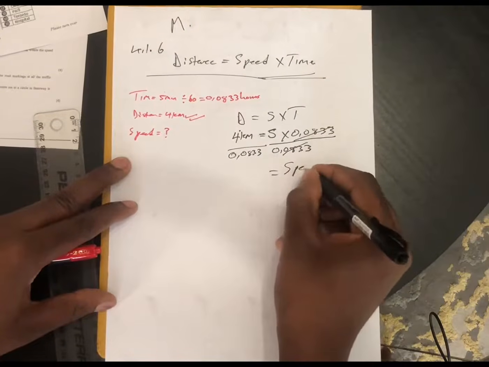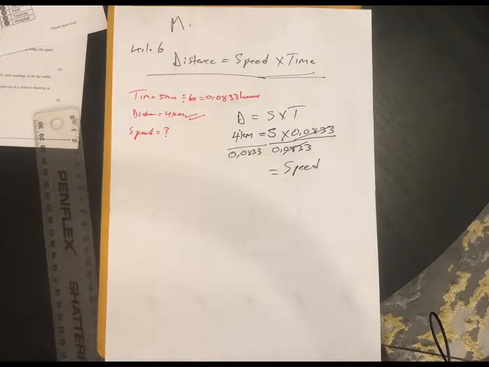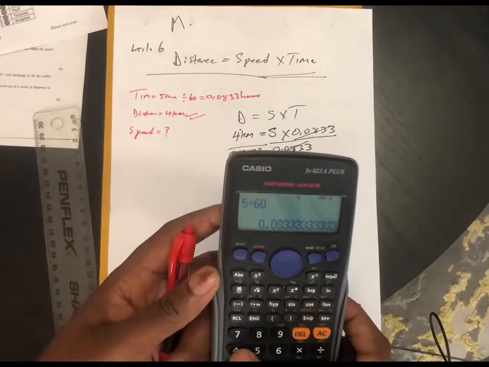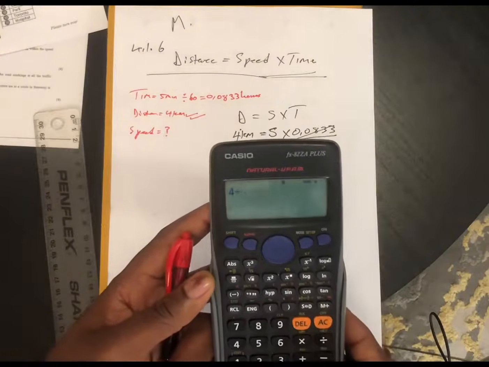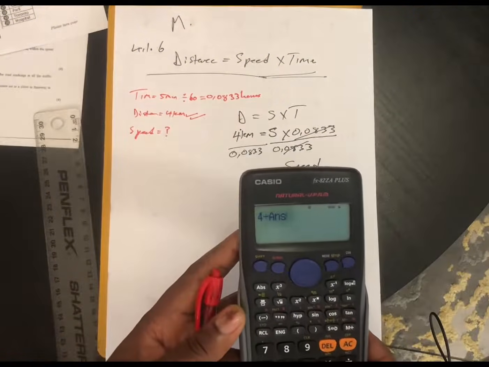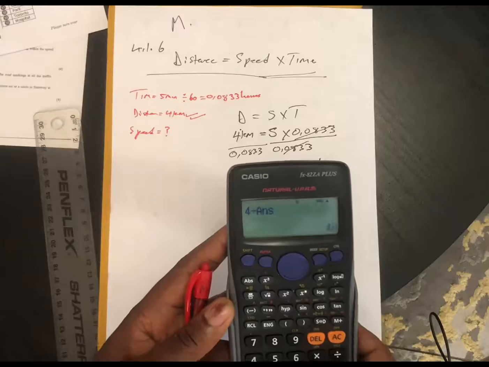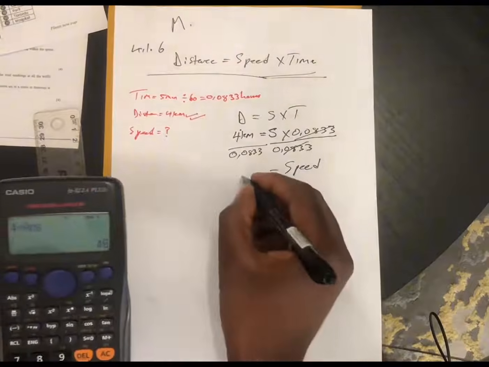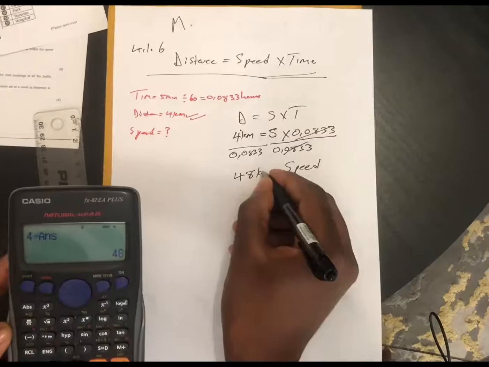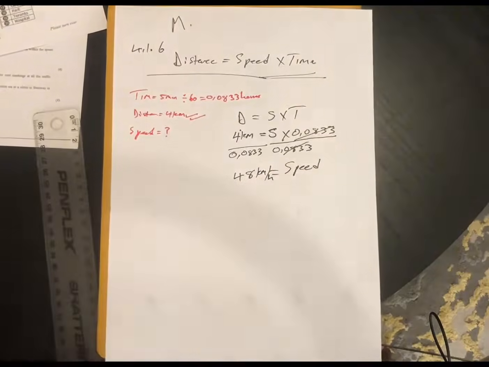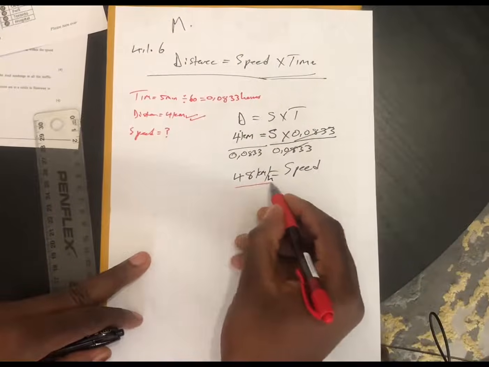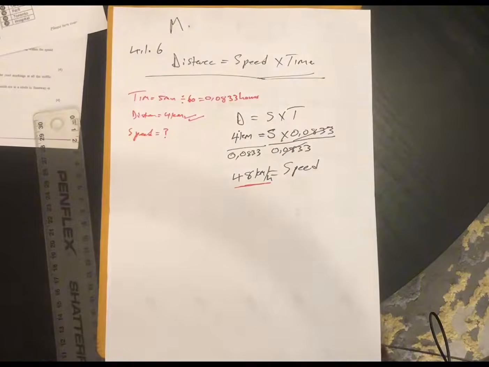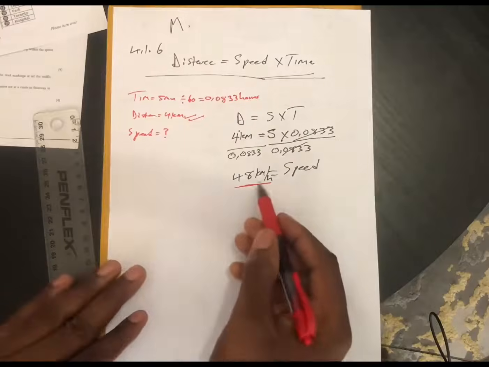We're left with speed. It's going to be equal to 4 divided by 0.0833. We find that the speed is 48 kilometers per hour. That's the speed that he was traveling at, 48 kilometers per hour. So what can we conclude on that one? Because you can see this is less than what?